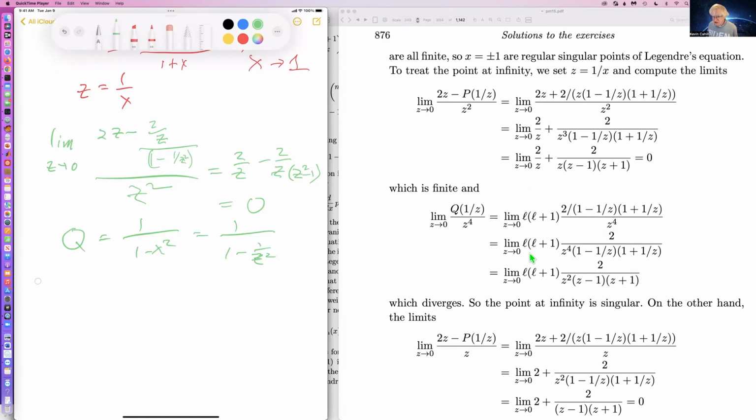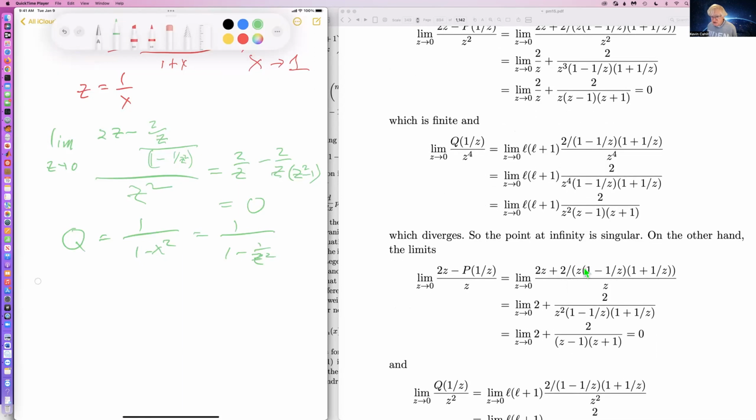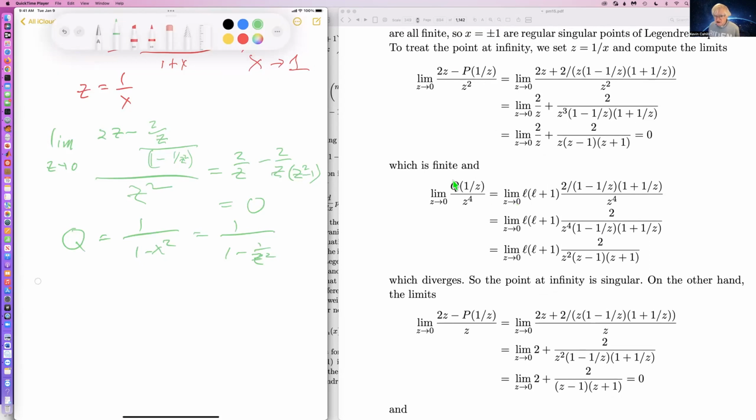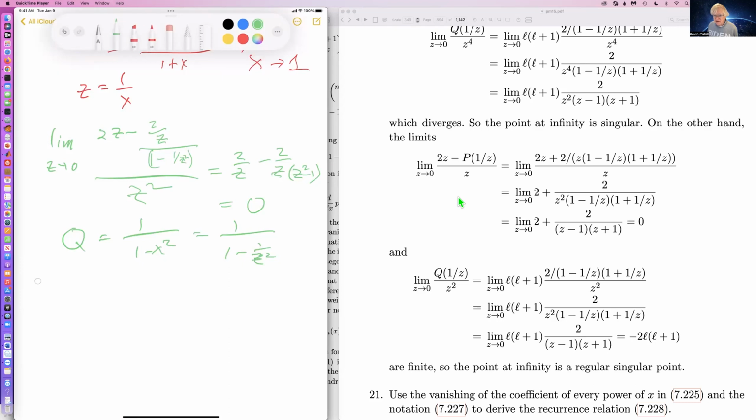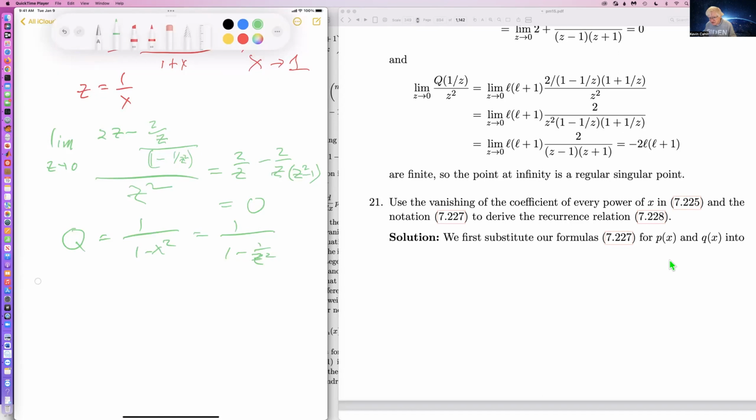And I kept the L(L plus 1). And when you multiply everything out, you get this structure here. And so you see, as z goes to 0, it diverges. So the point at infinity is singular, even though the P part doesn't make it singular, it's the Q part. And on the other hand, if you take the limit not with z to the 4th, but only with z squared, then you get something that's finite. And so the point at infinity is a regular singular point.